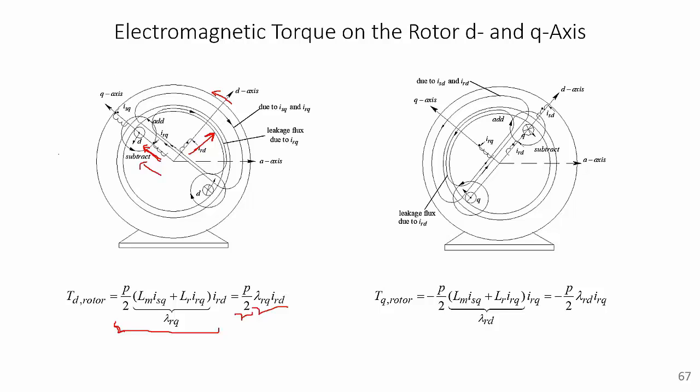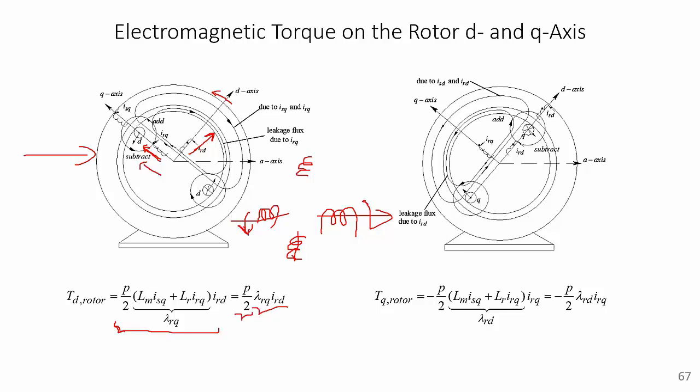The image shown here is the electrical equivalent circuit. The same winding distributed mechanically would be a function of the number of pole pairs. So if we had 2 pole pairs, then the number of dq equivalent windings is going to be 2. This d-axis is going to produce a torque due to the flux linkage in the q-axis and the current in the d-axis, as well as this d-axis is going to produce a torque due to the flux linkage in its corresponding q-axis and the current in its d-axis.